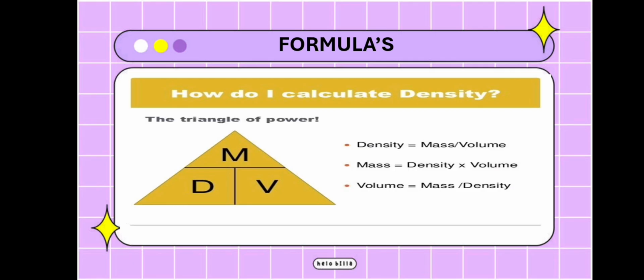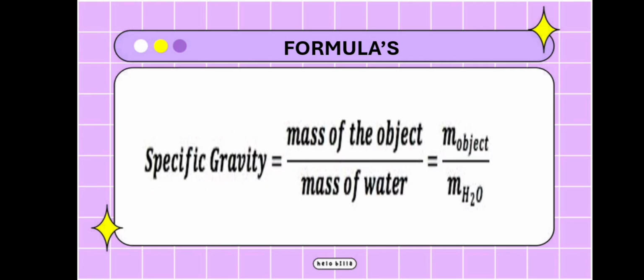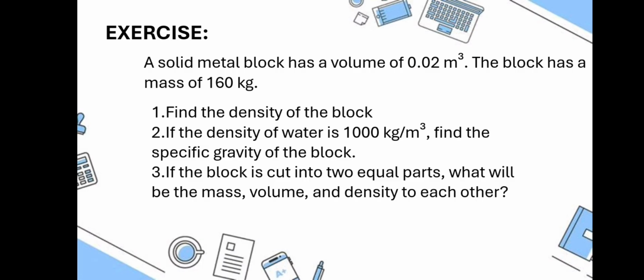Here are the formulas we use. These formulas help us solve problems and understand how mass and volume affect density and specific gravity. Now, let's move on to the exercise part. The problem says a solid metal block has a volume of 0.02 cubic meters and a mass of 160 kilograms.